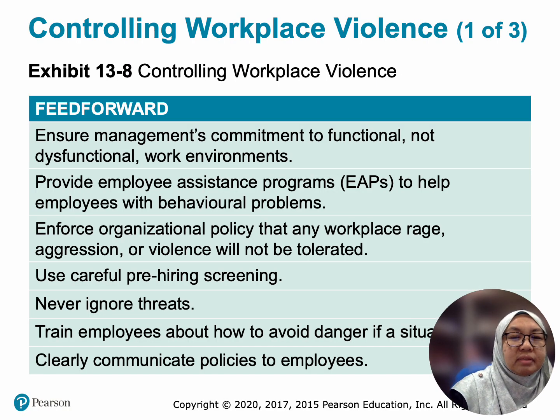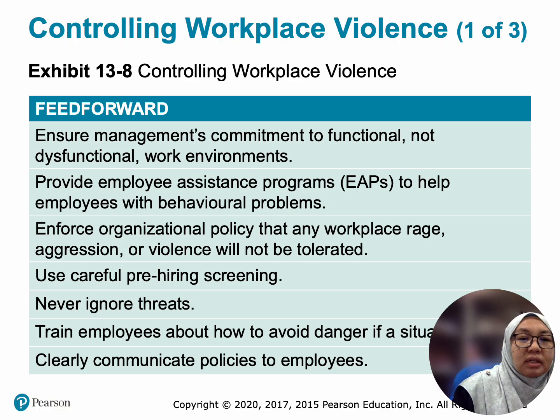Controlling workplace violence. We might have heard of sexual harassment in the workplace, bullying, things like that. So what can managers do, from the three steps? First, feedforward, when the action has not been taken yet.